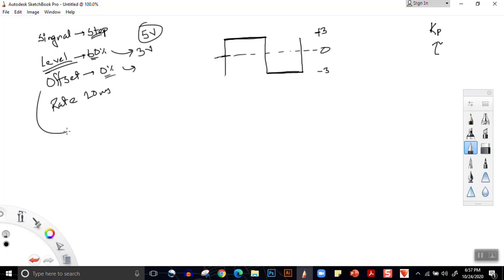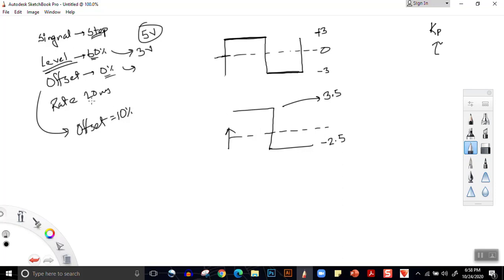Now, if offset was 10%, then what would have happened? 10% of 5 volts is actually 0.5. So it would make the positive value 3.5 volts and the negative value minus 2.5. That is, it will DC shift the entire waveform by 0.5. Rate is 20 milliseconds, which means it takes one reading every 20 milliseconds.